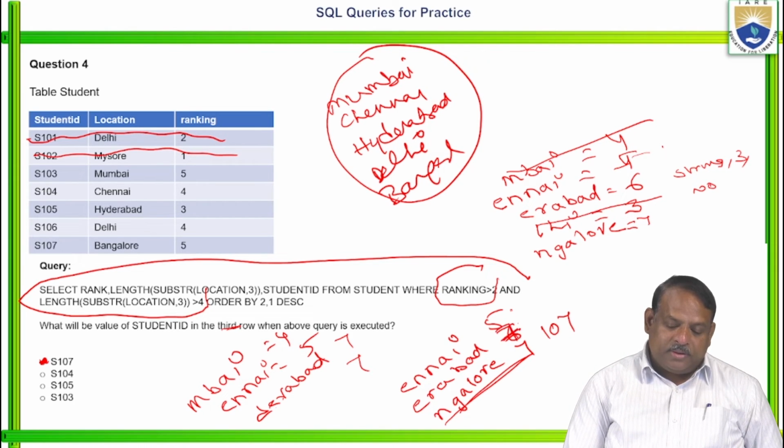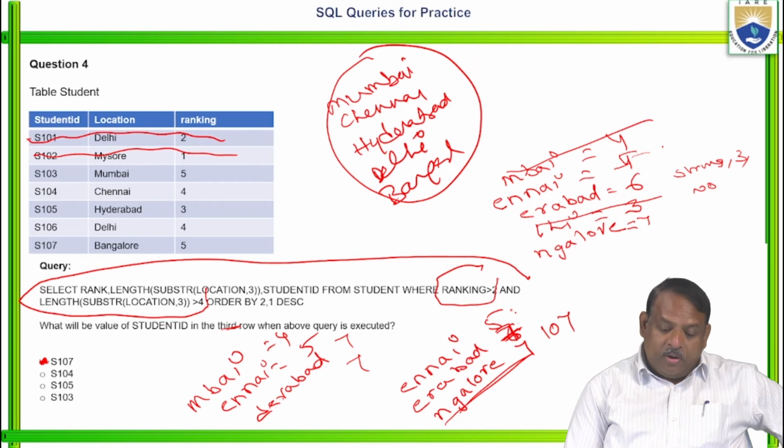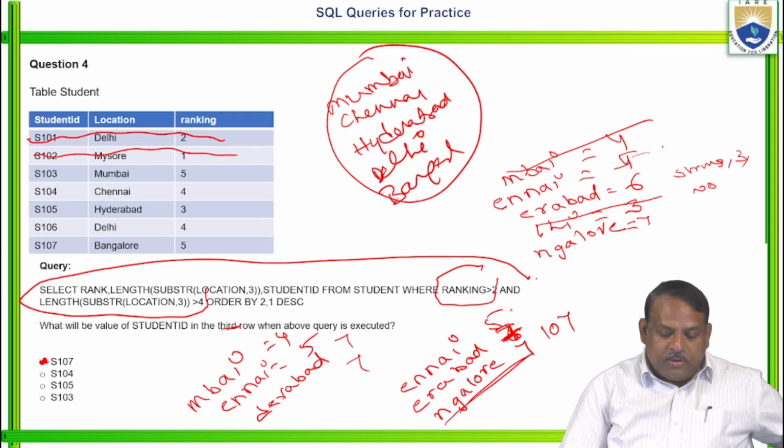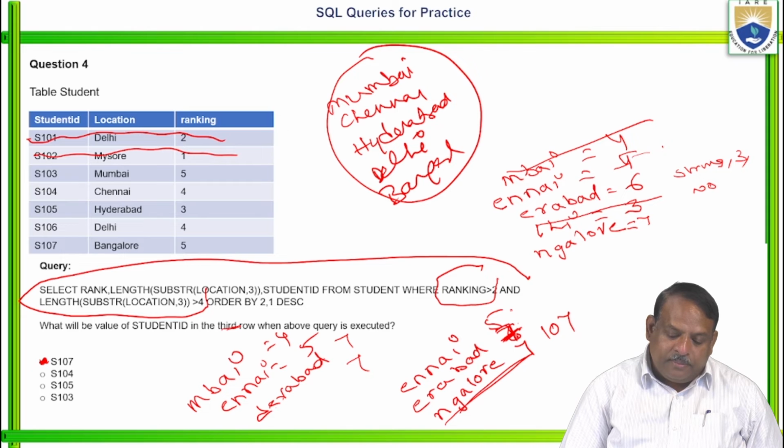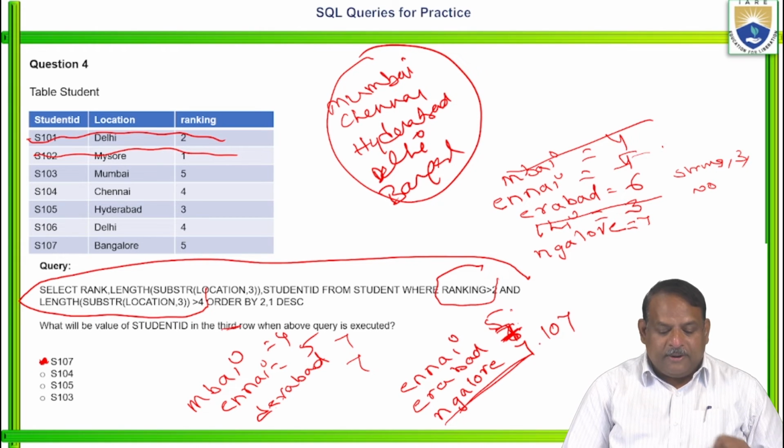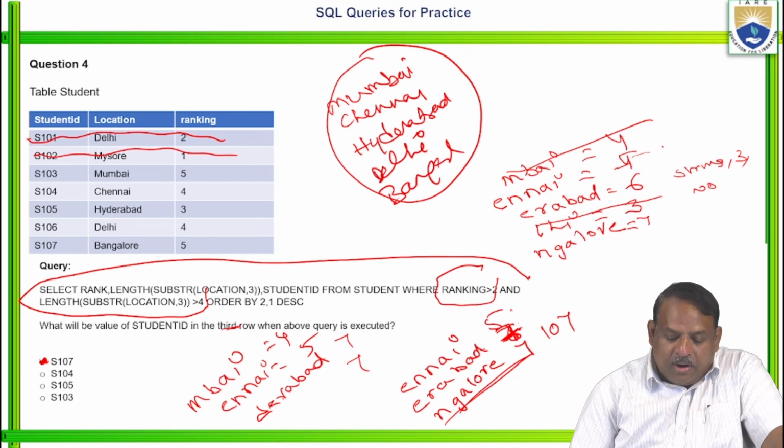Now we have to apply the second sort because we have two values that are the same. Chennai is fine because it is 5. Hyderabad and Bangalore are both 7. So what is the rank? Hyderabad rank is 3.